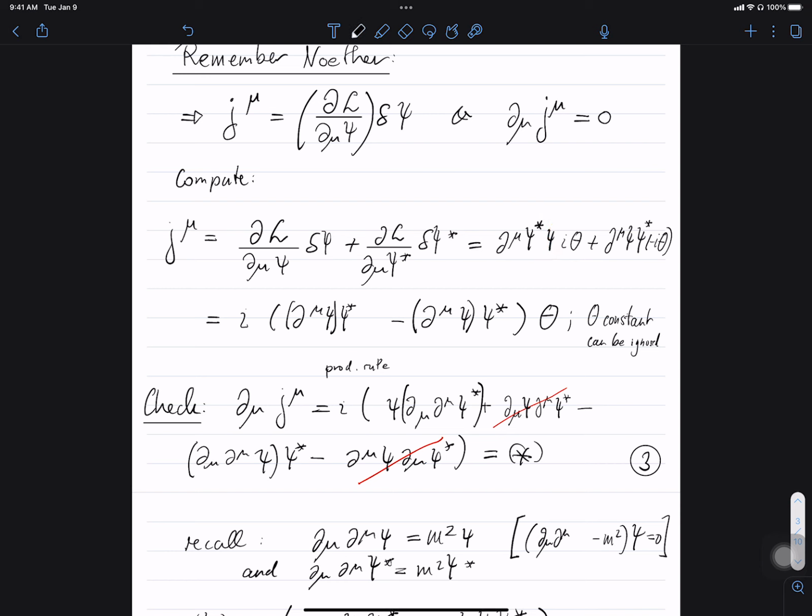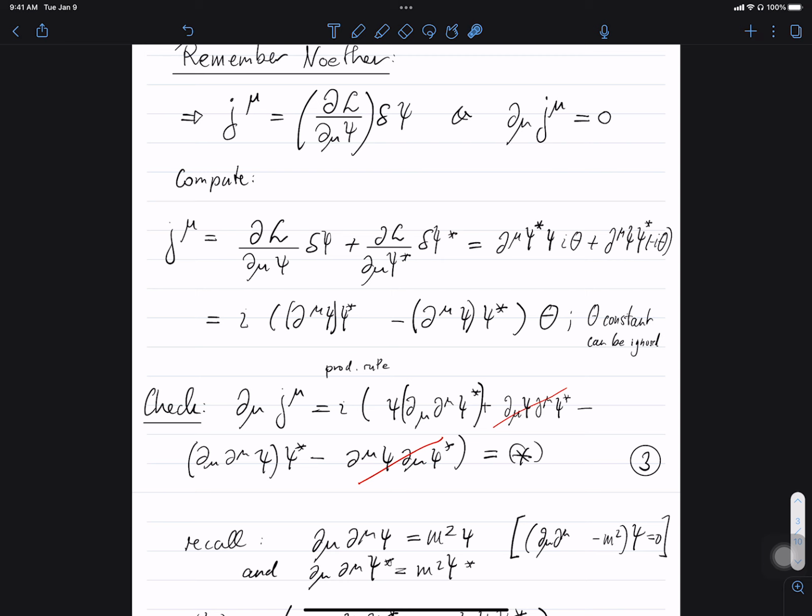We can Taylor expand e to the i theta as 1 plus i theta for small theta. So the variation is just given by this i theta term multiplying psi. So here we have psi i theta from this variation.